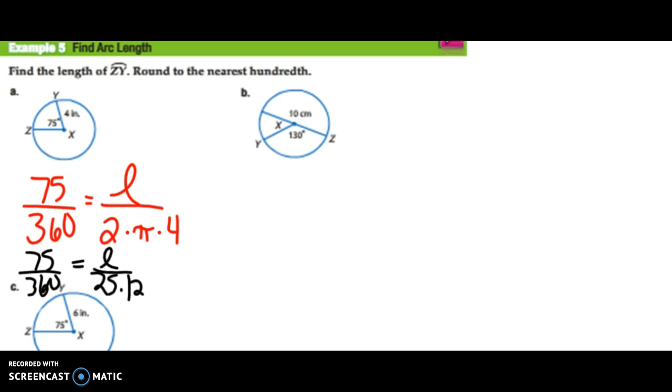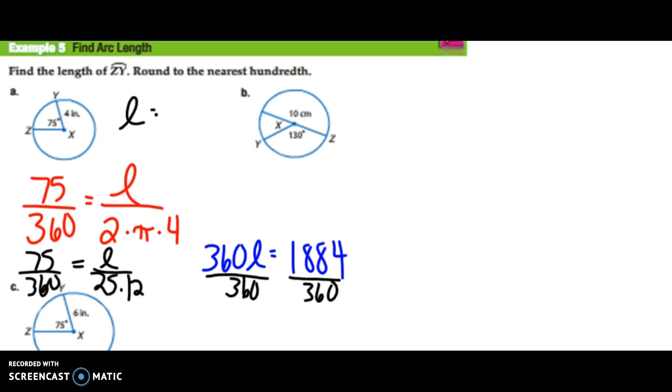So I cross multiply, and I end up getting 360L is equal to 75 times 25.12, which is 1,884. Divide by 360, and I find my arc length is equal to 5.23 inches.